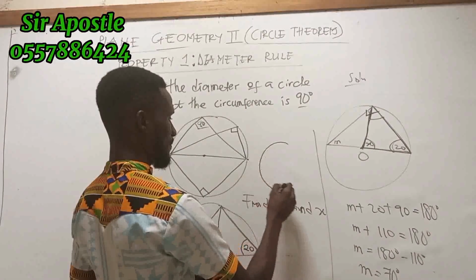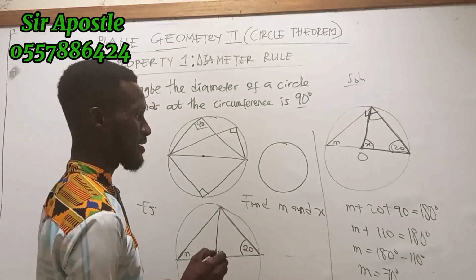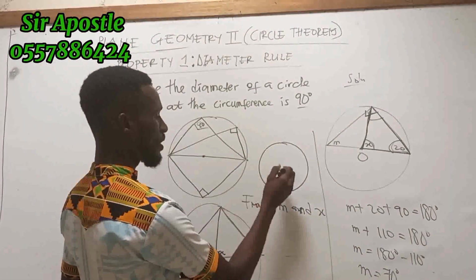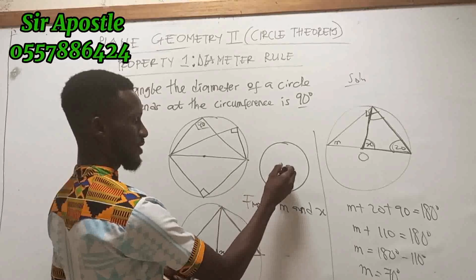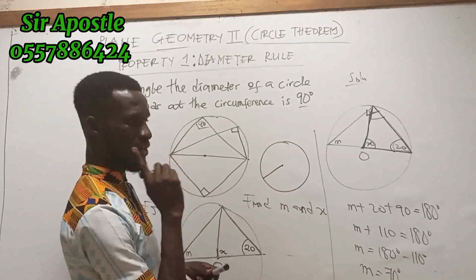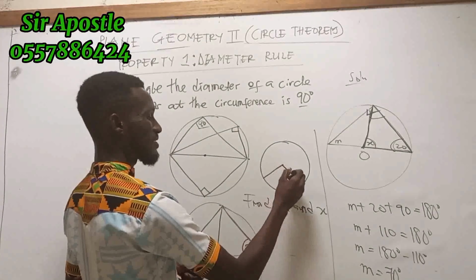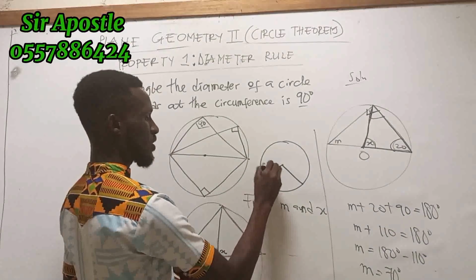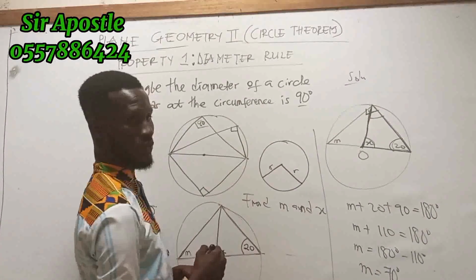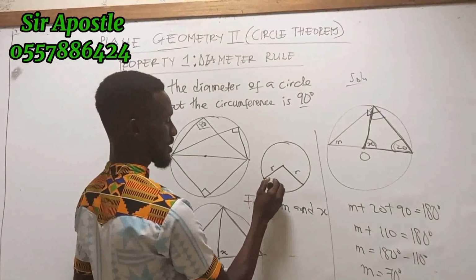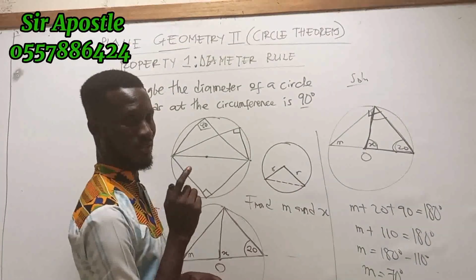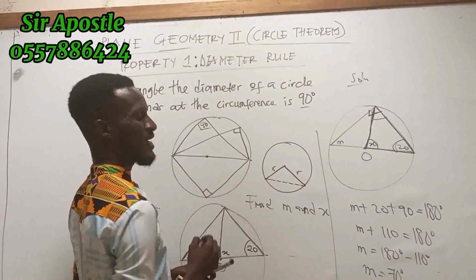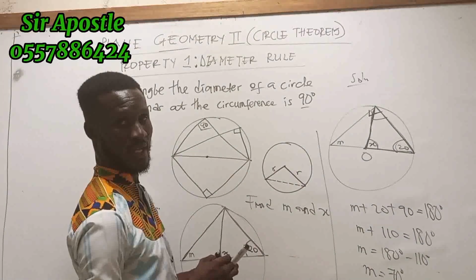When we have a circle, this one is the center. This is called radius. This one is also called radius. Now this one is the chord. When I bring the chord, it forms a triangle.